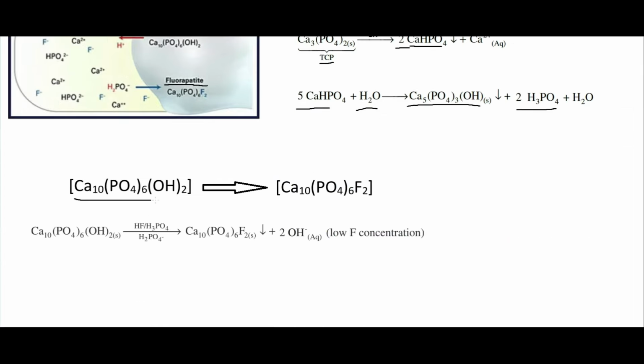So we have the hydroxyapatite here going to the fluoroapatite, and what we see is that the 2 hydroxyl groups here are being replaced with fluorine. We have our hydroxyapatite here, we add this fluoride here, and then we end up with the fluoroapatite.